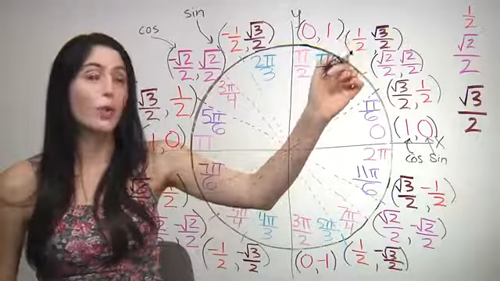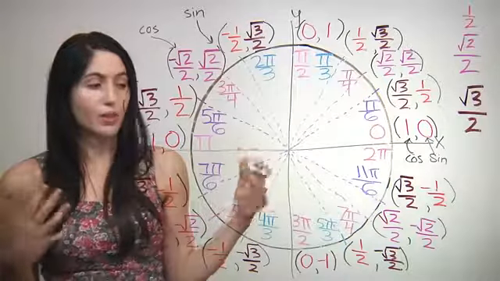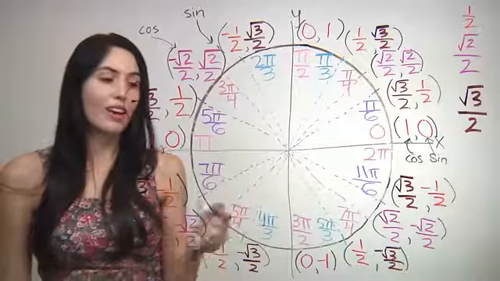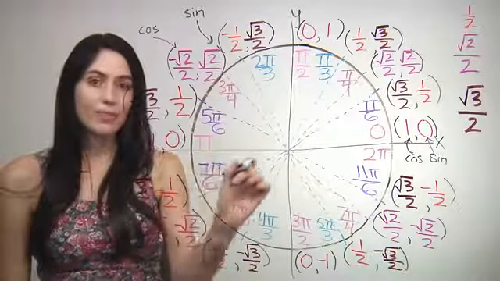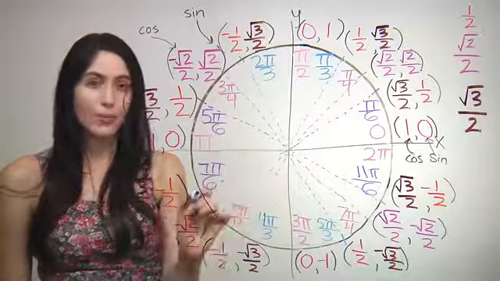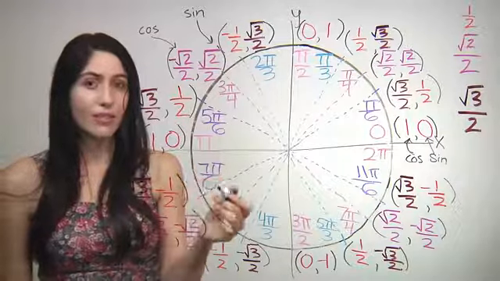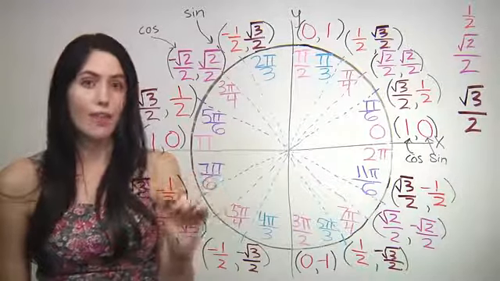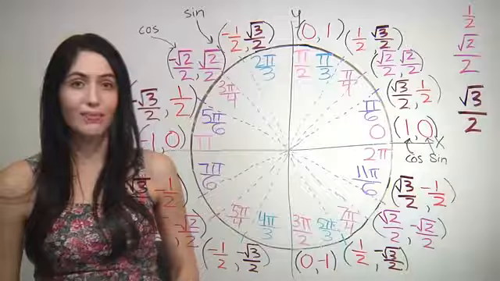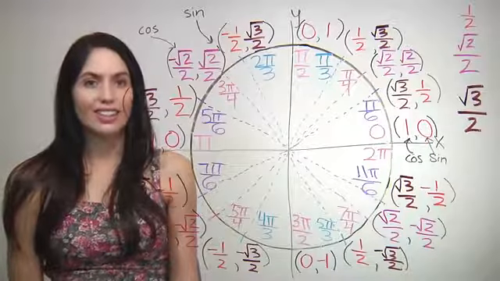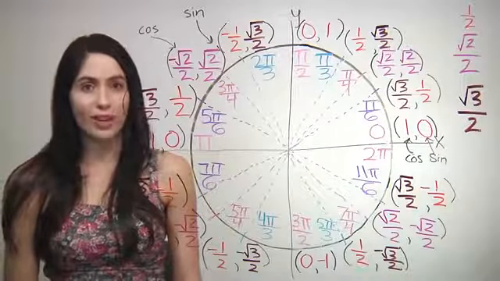The answer is 1/2. If someone asks you, what's the sine of 7 pi over 6? Go to your unit circle. Sine is the second value in the point. So the sine of 7 pi over 6 is just negative 1/2. That is the answer.